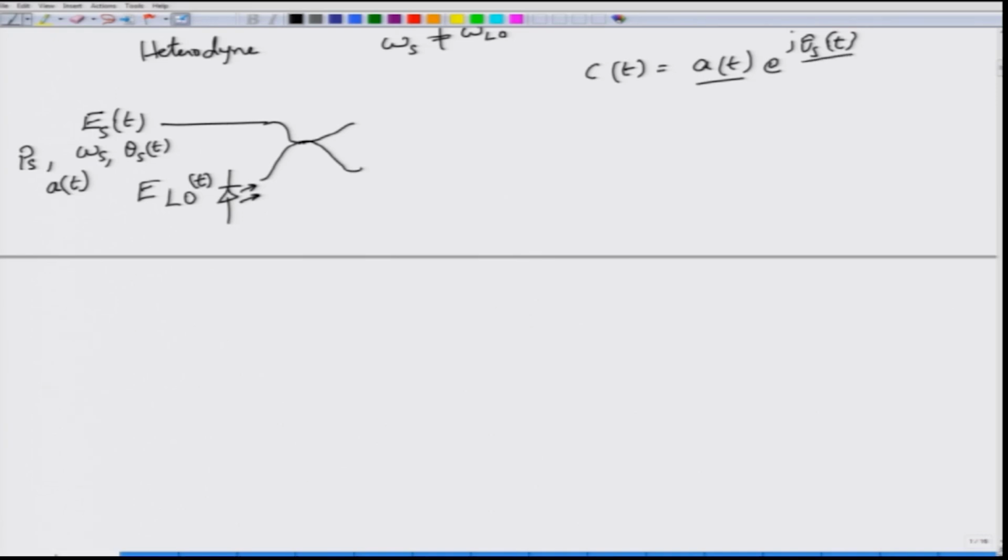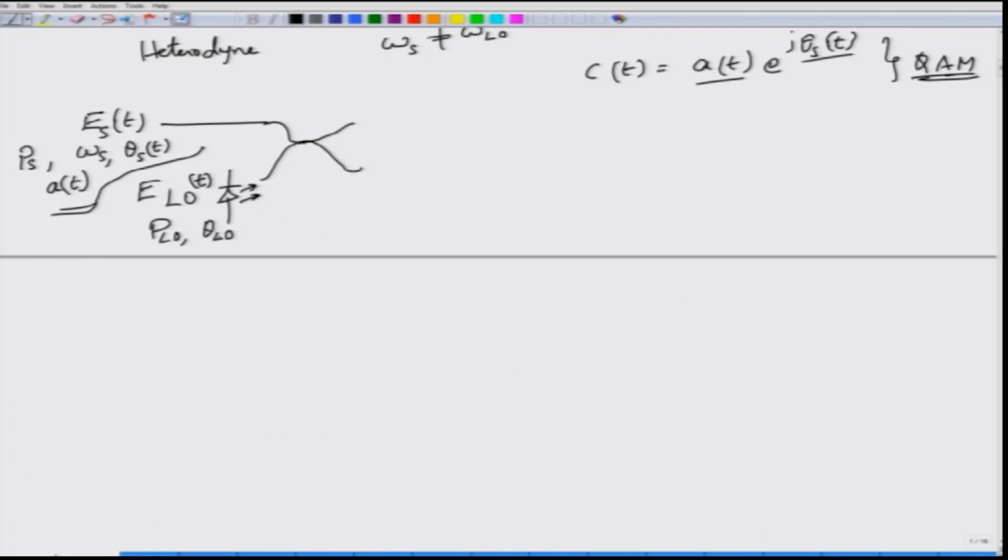Okay. So, giving rise to a general QAM signal, the objective of the optical receiver would be to extract both A of t as well as theta s of t. So, this incoming signal is characterized by all these parameters. The local oscillator is characterized by its local oscillator power and its phase theta LO.